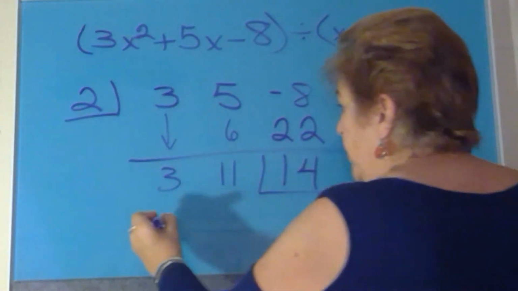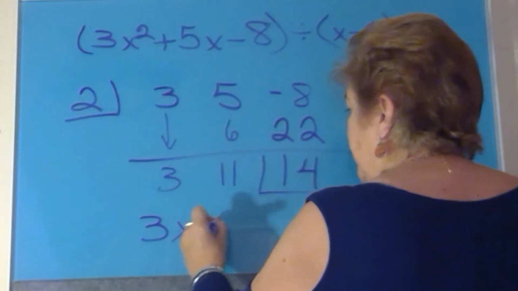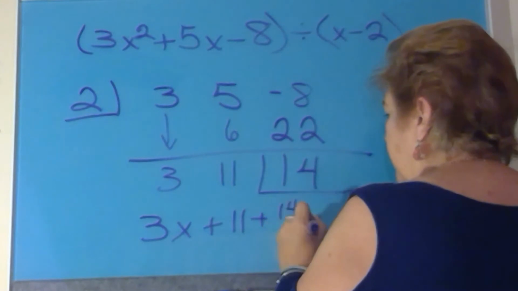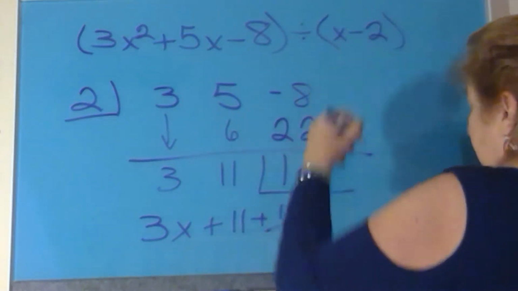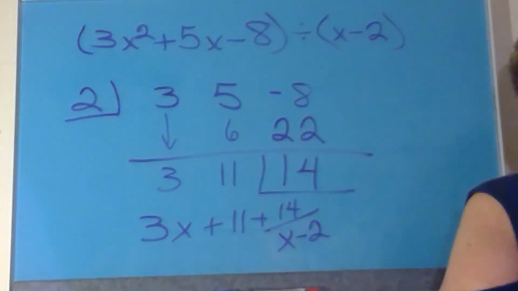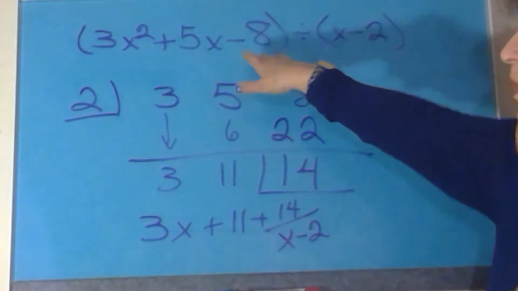Your answer is going to be 3x plus 11 plus 14 divided by x minus 2. And that's what you get when you divide that.